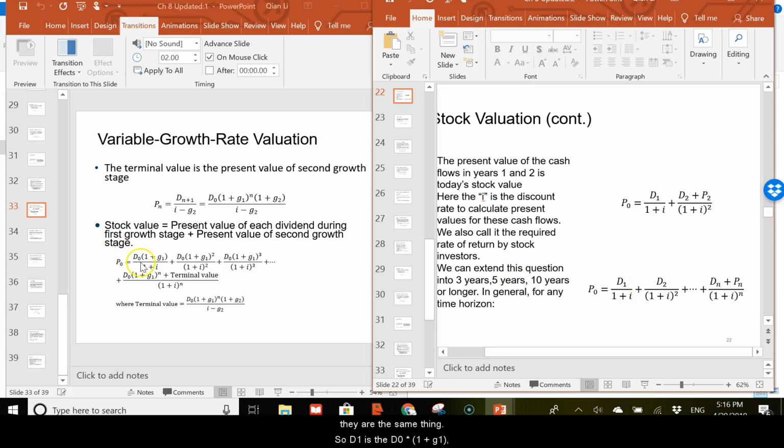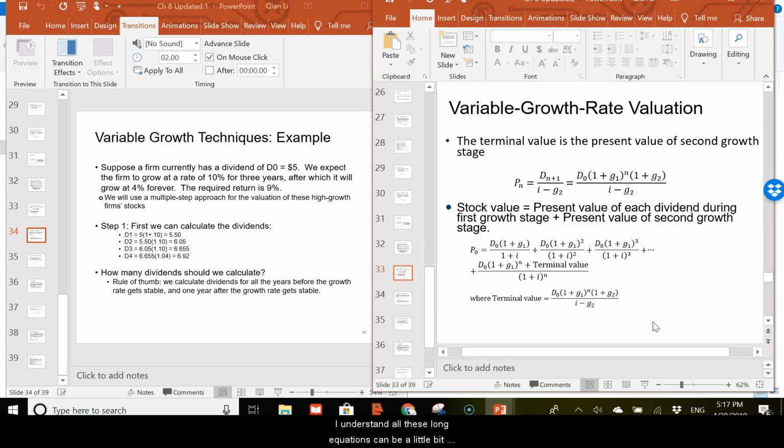D1 is D0 multiplied by 1 plus G1, and D2 is D0 now growing at the same growth rate for 2 years. And Dn is D0 growing by the same high growth rate for n years. And now the terminal value is the price of the stock at the end of the whole stage 1. So you are supposed to calculate all these present values and sum them up. That's the price of the stock as of today, year 0.